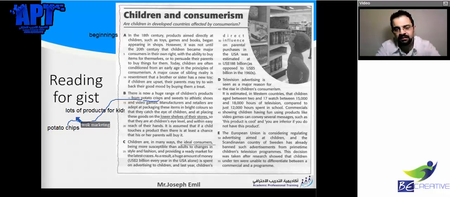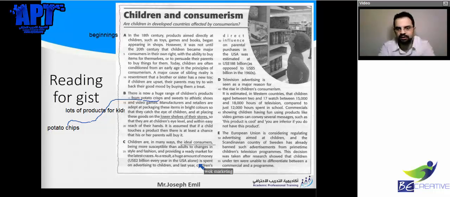Children are in many ways the ideal consumers, being more susceptible than adults to changes in style and fashion. So, of course, next we will be talking about examples maybe, and providing a ready market for the latest crazes. It comes from crazy, by the way. As a result, a huge amount of money, $2 billion US every year in the United States alone, is spent on advertising to children.